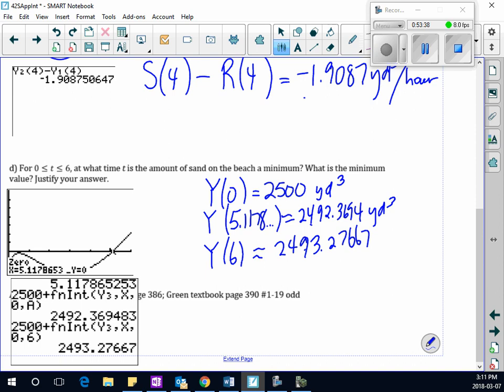Therefore, the minimum is 2492.3694 yards. And this is using the EVT, the extreme value theorem. You have to mention the theorem you're using to do it.